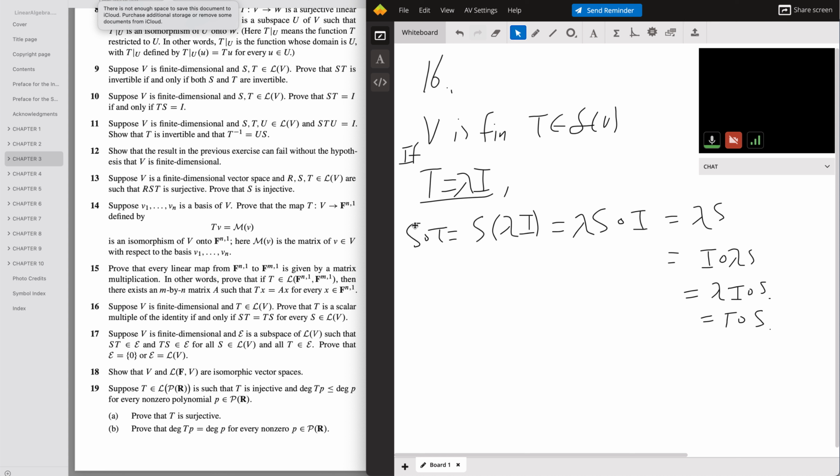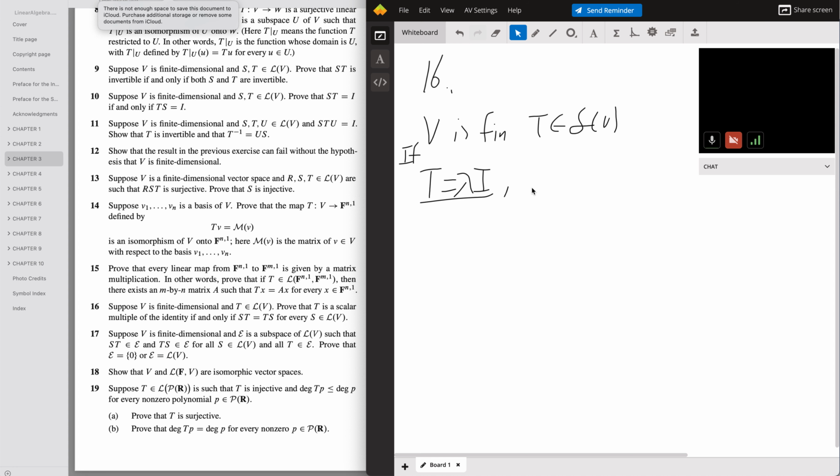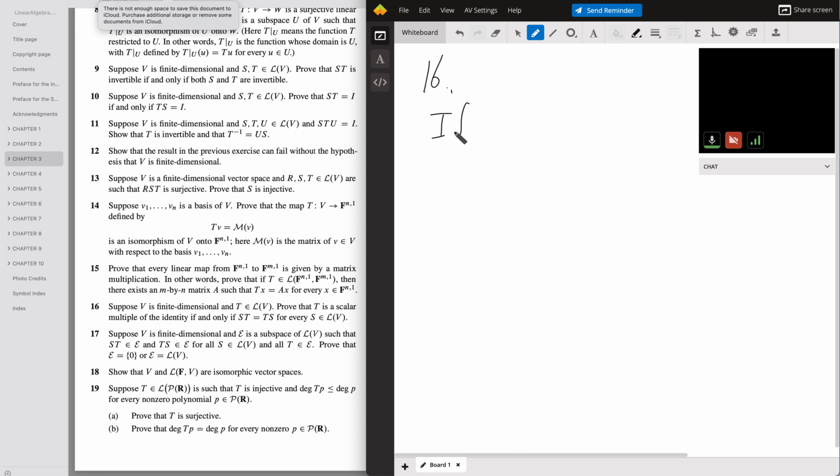Well, that doesn't seem too bad. The other way is like the really bad thing. Right, so you want to know that if ST is equal to TS for all S, this is going to be annoying as heck. Okay.